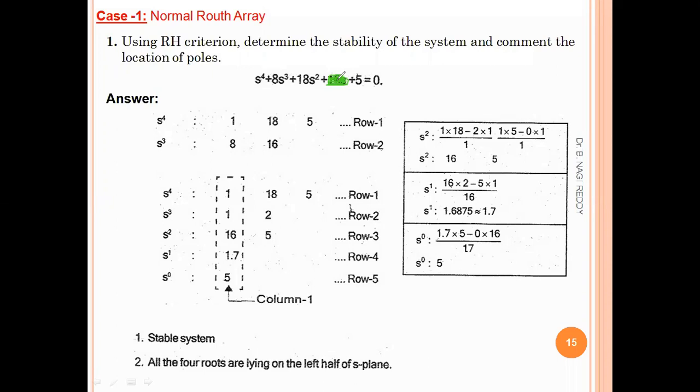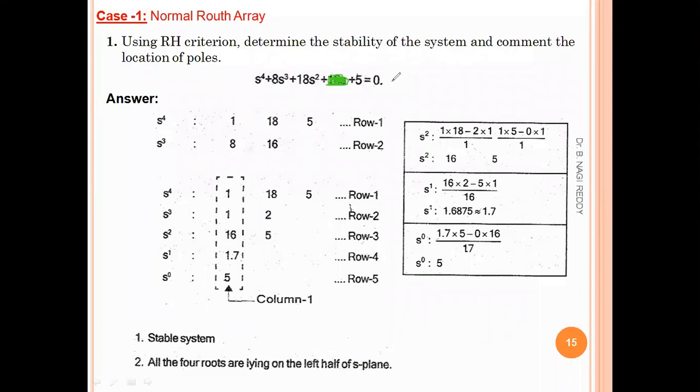If any of the S power is missing in the characteristic equation, then that system is completely unstable system. So you need not do the Routh-Hurwitz process, or construct the Routh array.